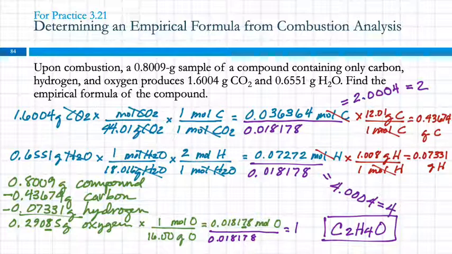Any questions? With an organic compound, that's probably not the molecular formula, but then you need to do another experiment, such as mass spectrometry, to find the actual molar mass of the compound, and then you can find the molecular formula. So, any questions?